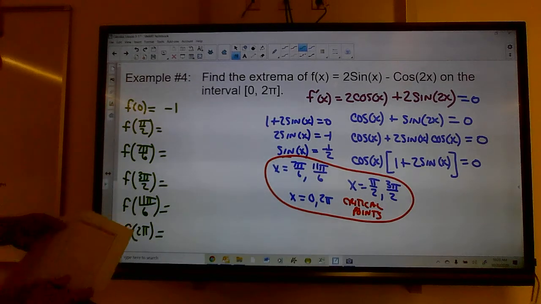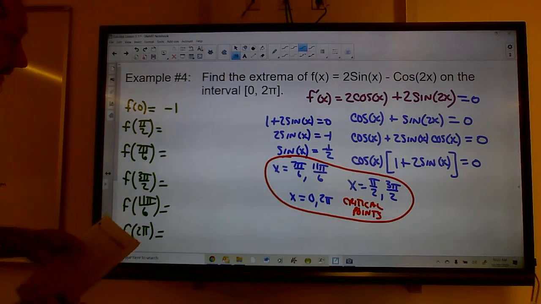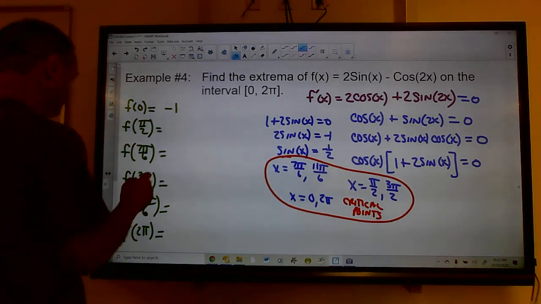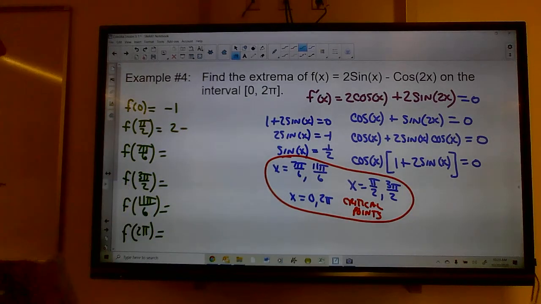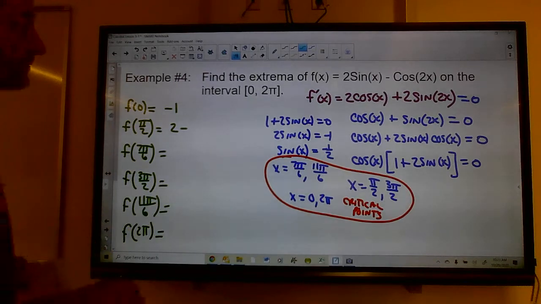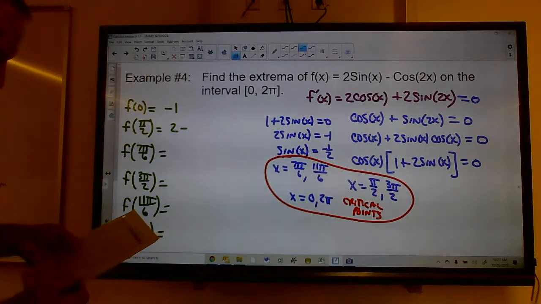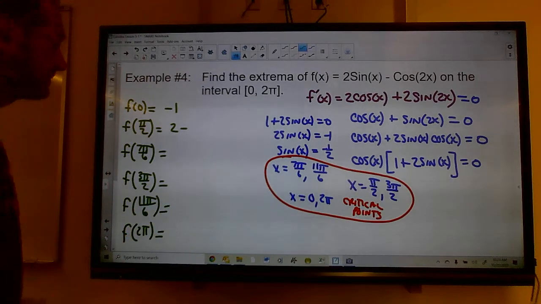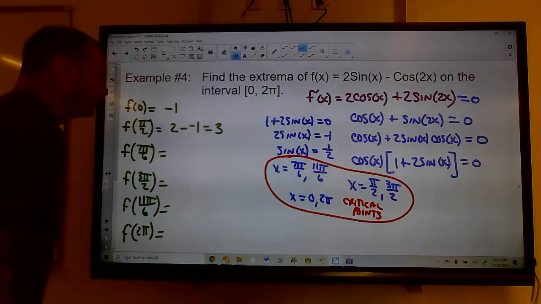Then I put in pi over 2, so 2 times sine of pi over 2, that's going to be 2. Minus, if I put in pi over 2, this becomes cosine of pi. So cosine of pi is negative 1, so that's minus negative 1, which is going to be 3.